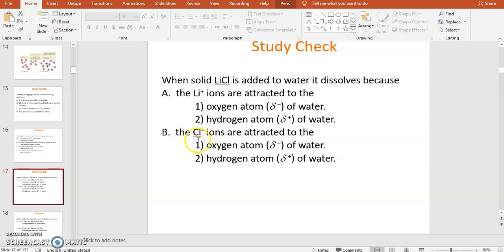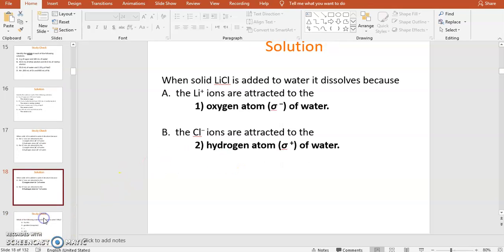The chloride ion, which is negative, is attracted to the hydrogen atoms of the water, which have a slightly positive charge. And these are the answers.